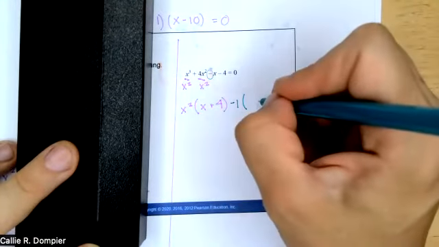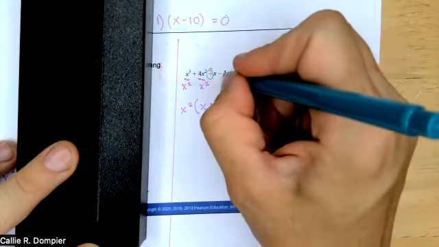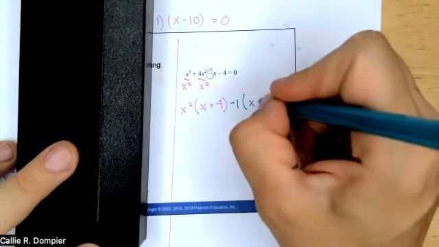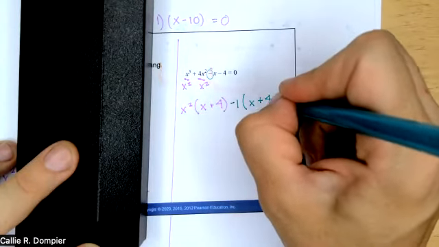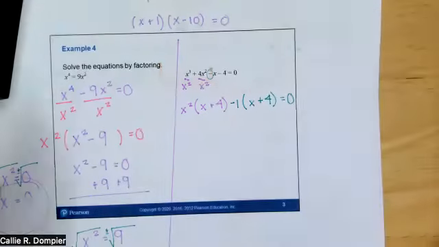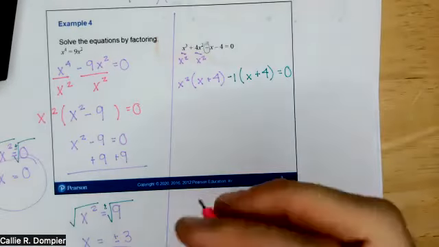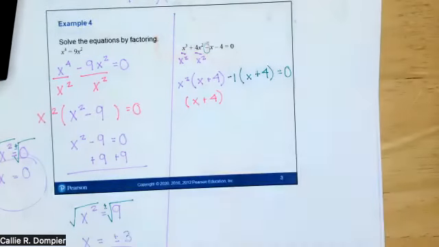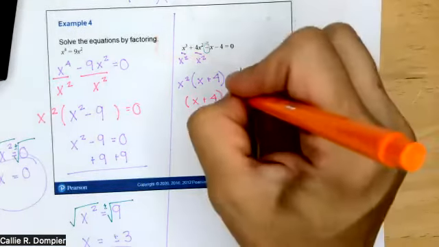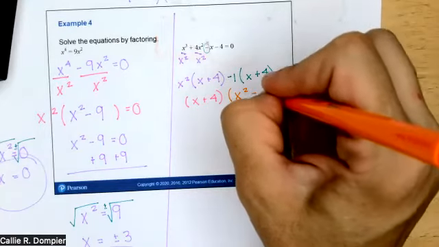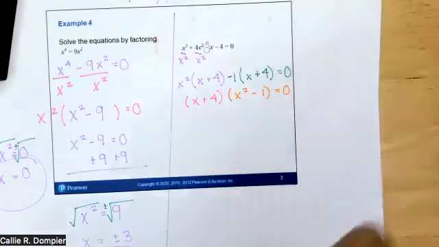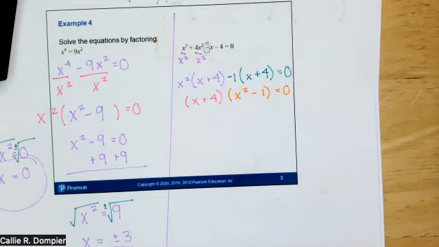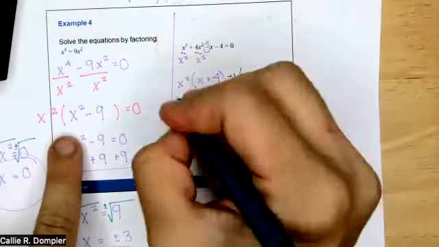Negative x divided by negative 1 is a positive x. Negative 4 divided by negative 1 is a positive 4. Good. Now, our common factor is x plus 4, and that was being multiplied by x squared and negative 1. Now we just solve each of these like we did here.